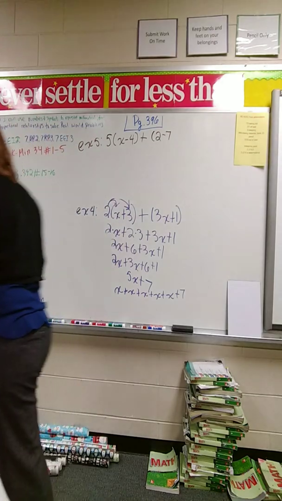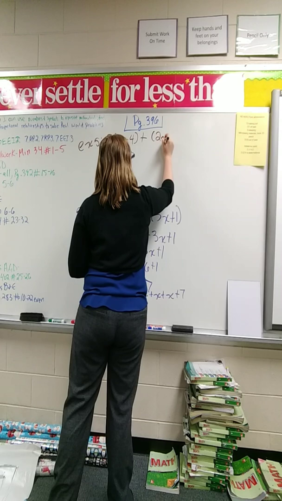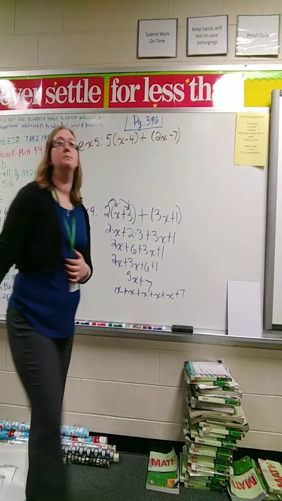Hold on, I'm missing a variable in there somewhere. 2x minus 7. Okay.